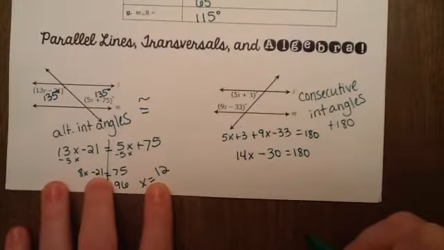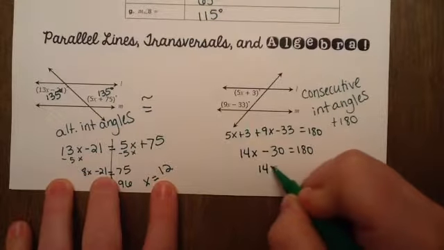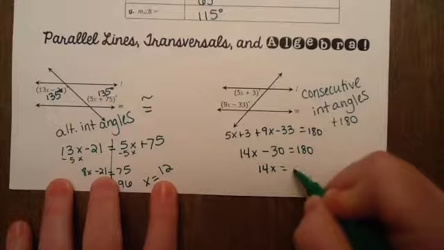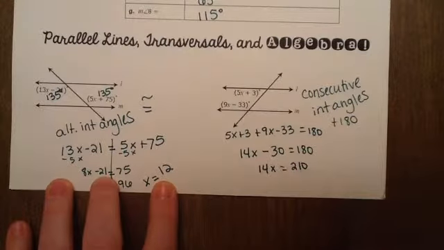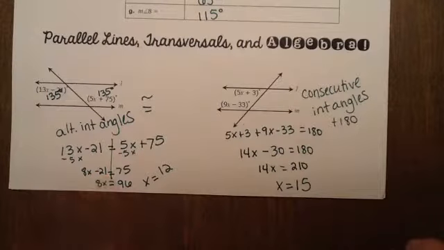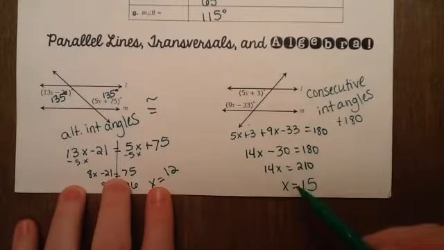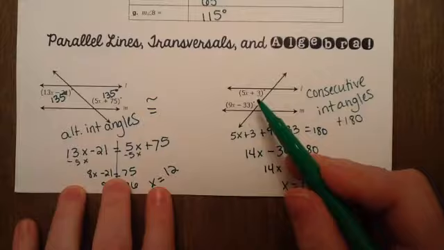What would you do to solve for x now? Add 30 on both sides. And lastly, divide by 14. X equals 15. If it asked you for x, you'd be done. What if it asked you for the angle measurements? Take the value, plug it back in.